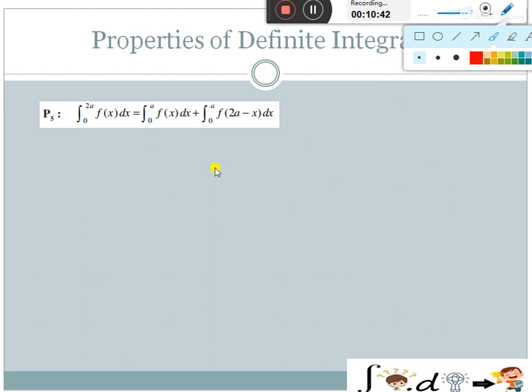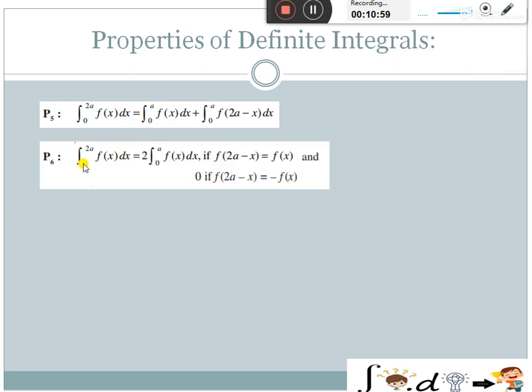And now we have the next one, which is a reduced part of this. If f of 2a minus x is equal to fx, then we have 0 to 2a fx dx is equal to twice of 0 to a fx dx.